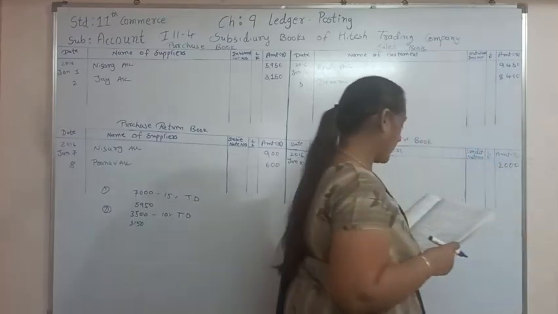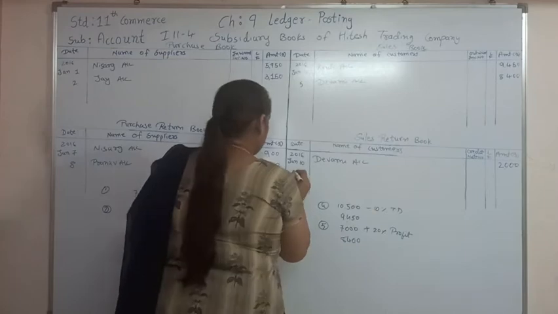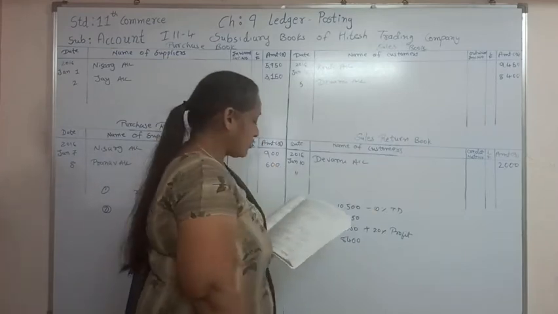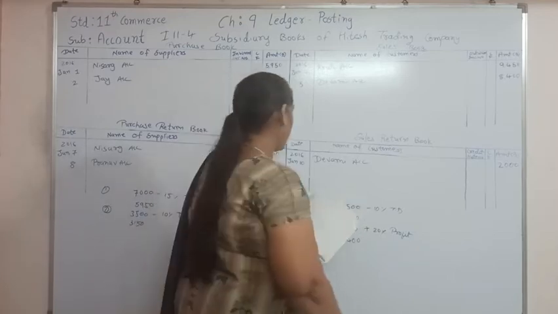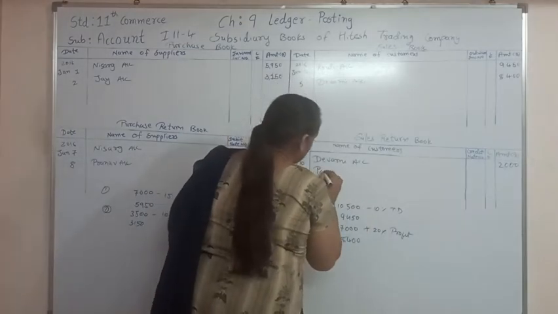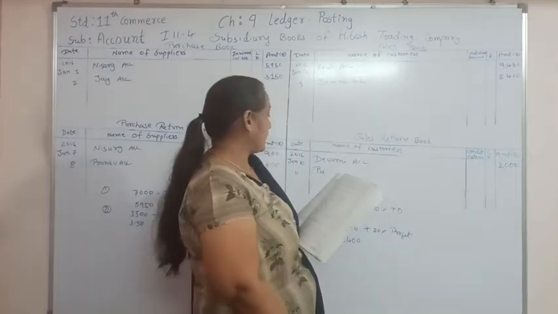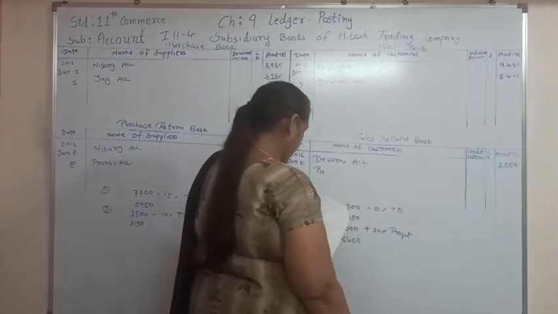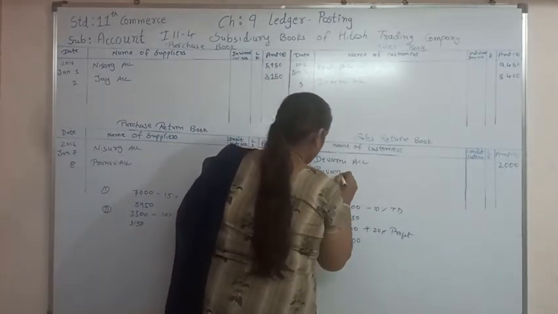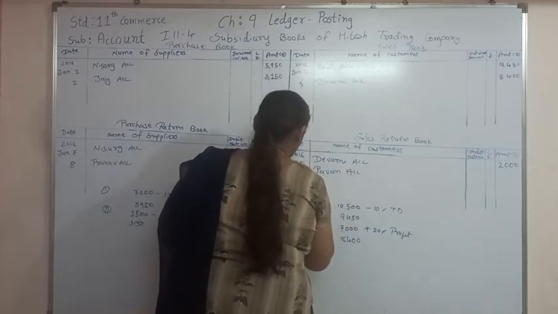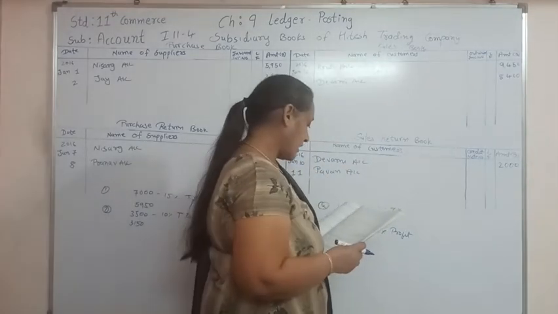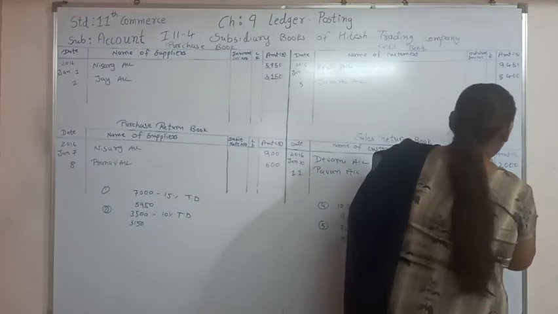Here again on date number 11, goods of rupees 1,200 returned by Pawan. So Pawan has returned the goods, that means Pawan had purchased the goods from us. So that will be a sales return. So Pawan account in the sales return book, date is 11, and the amount will be 1,200.